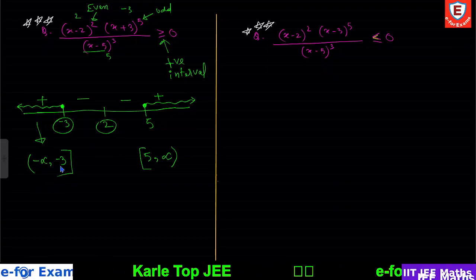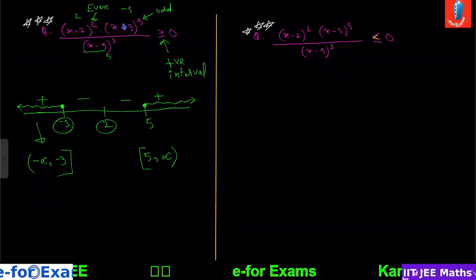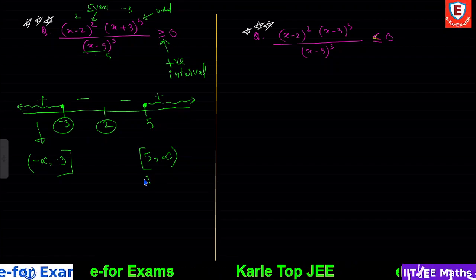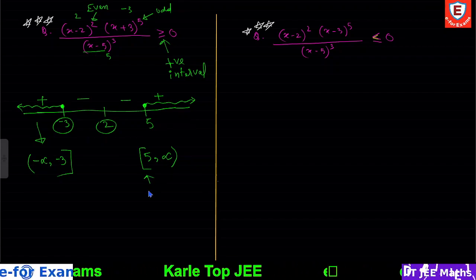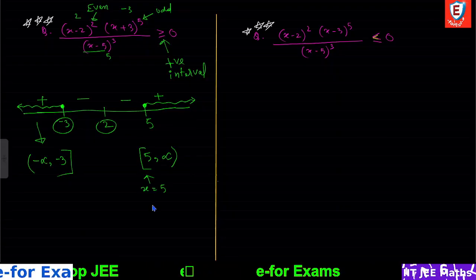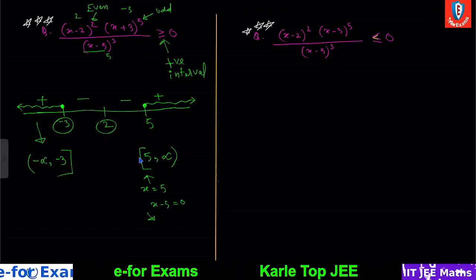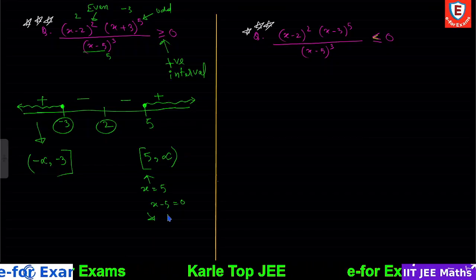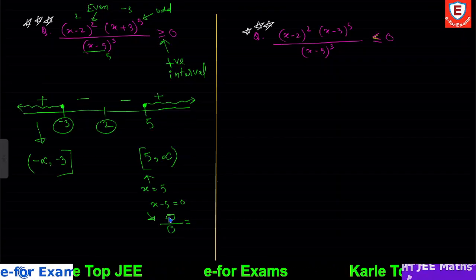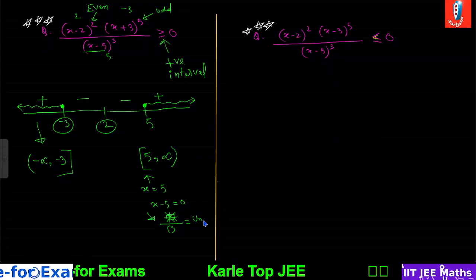But observe here. For the numerator it's okay, but for the denominator, when x is equal to 5, x minus 5 equals 0. This implies the whole left hand side is something divided by 0, which is undefined.